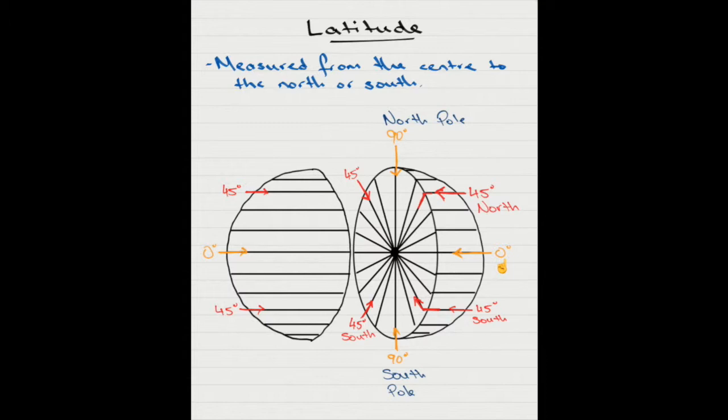Now they are invisible lines, like we said, but we can use them to measure distances. The equator, 0 degrees, we use to calculate the angles between one point, for example, 45 degrees north, and another point somewhere, for example, 45 degrees south. Now what we do is we turn these diagrams into something that looks a bit more familiar and a little bit easier to work with, and we look at it in terms of circles.